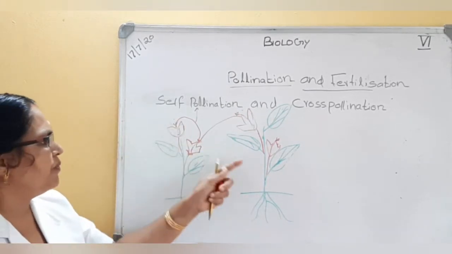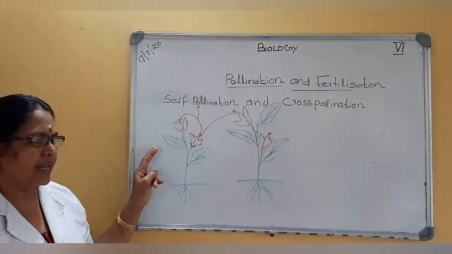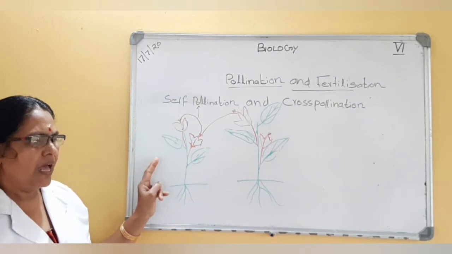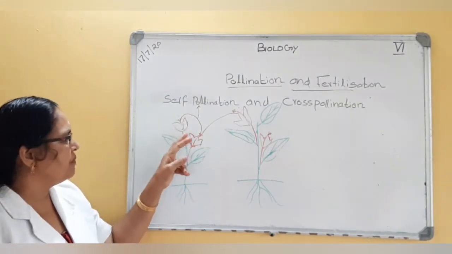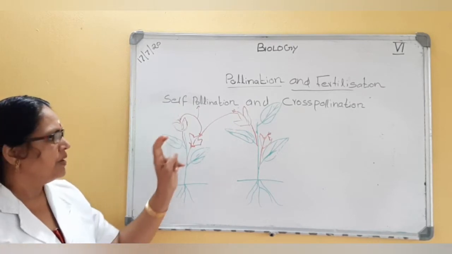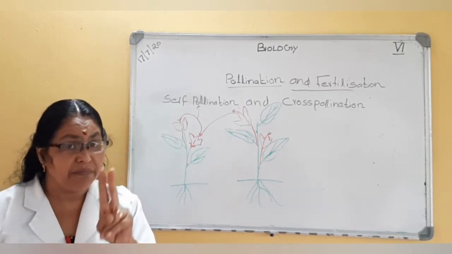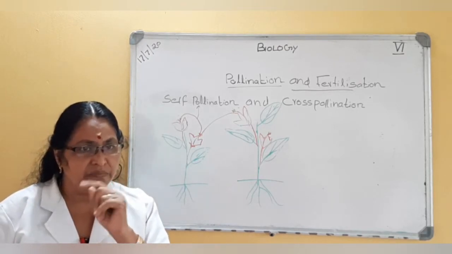So here the self-pollination and cross-pollination. Self-pollination is the pollen grains are transferred from anther to stigma of the same plant. That takes place within the plant. But cross-pollination takes place between the two plants of the same type.